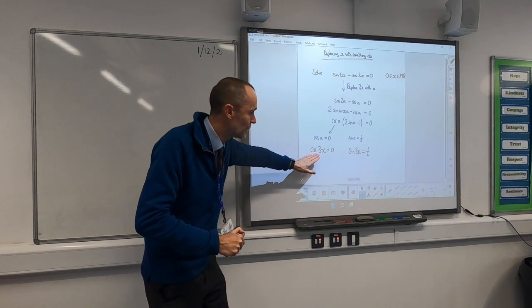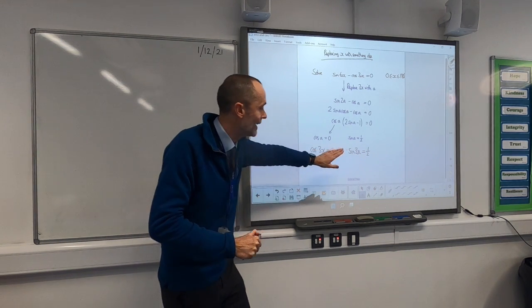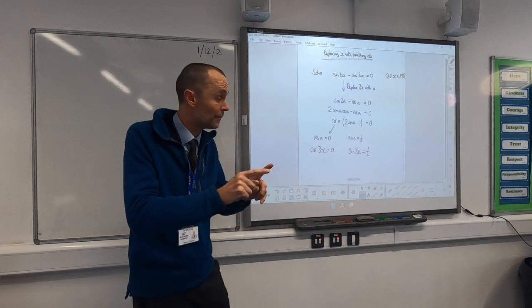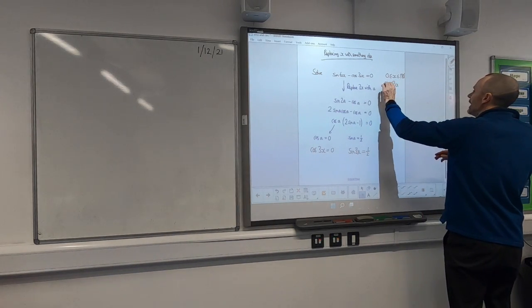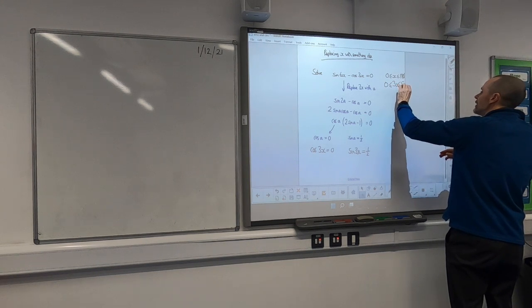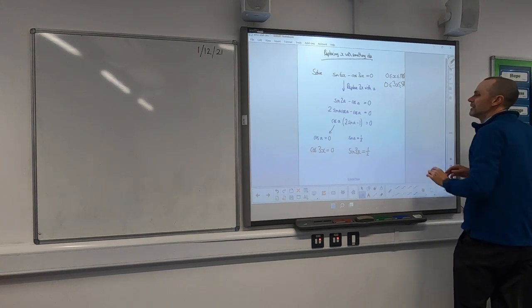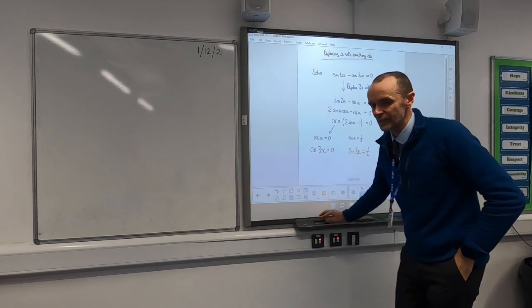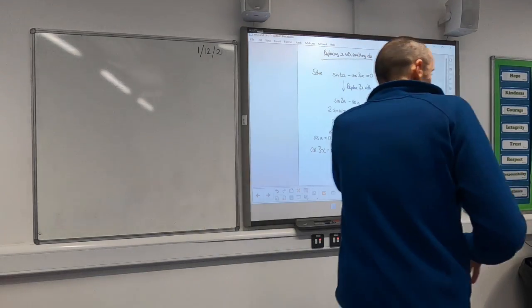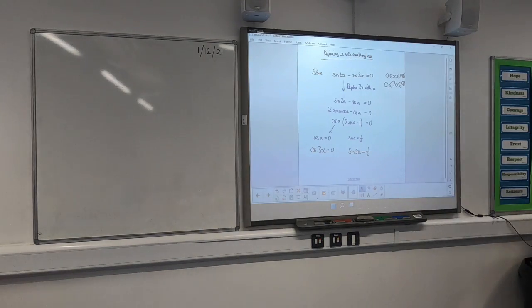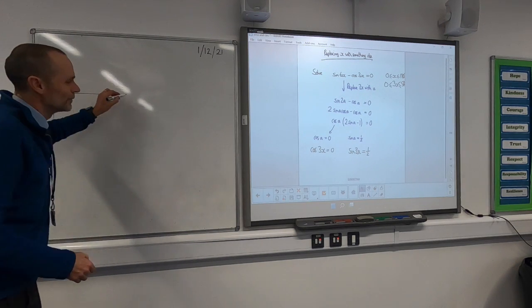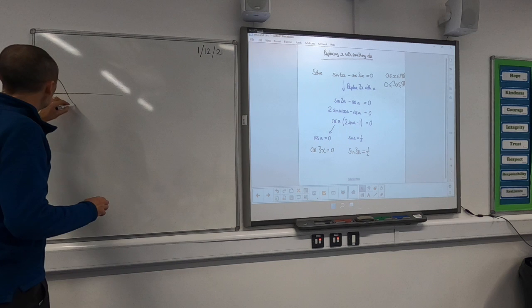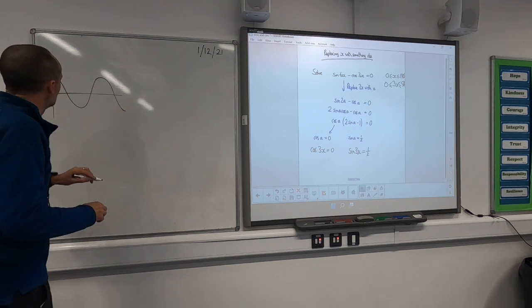I can now do shift cos of 0 and shift sine of a half, but I've got 3x, so I've got to make sure I go as far as 540 degrees. So that means 1.5 full cycles. So for cos, it's going to be 1, like that.